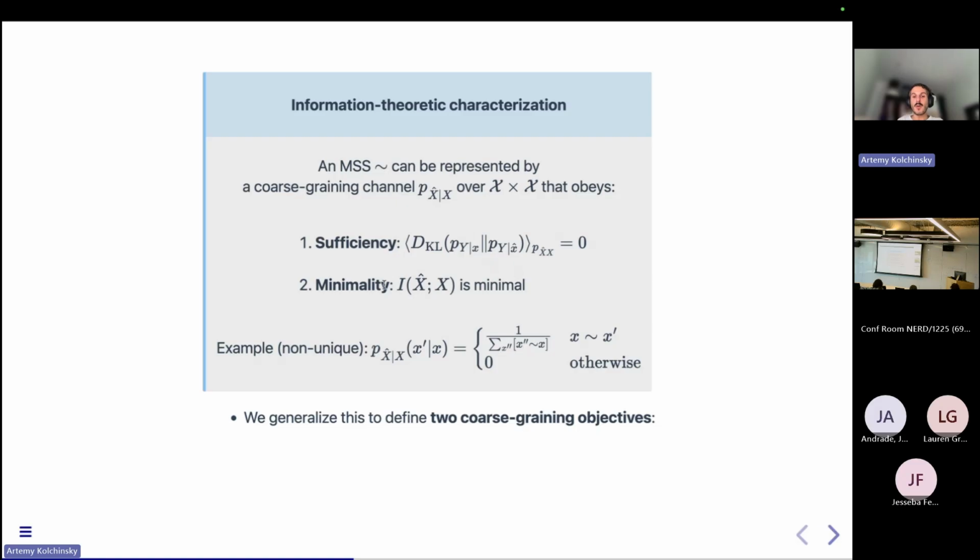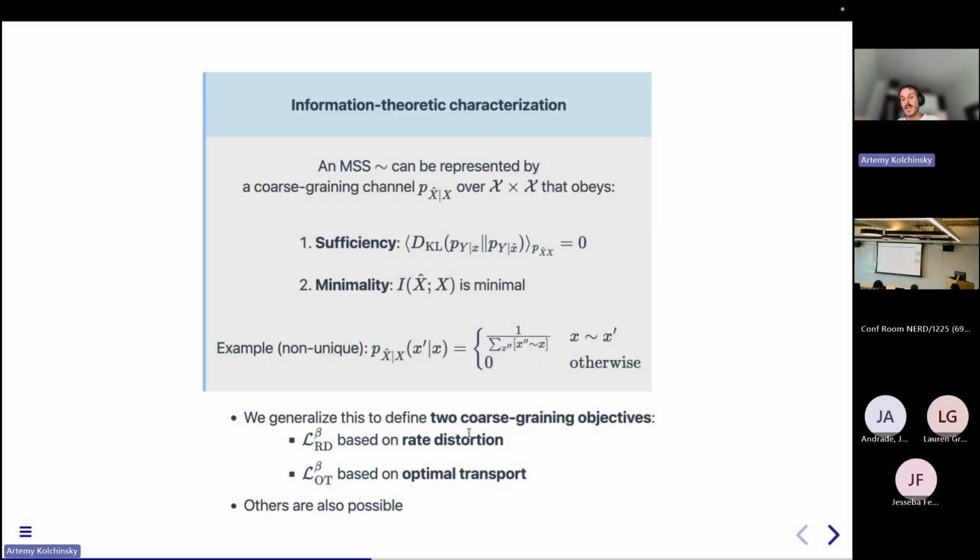In particular, we're going to generalize this to two coarse graining objectives, one based on rate distortion and one based on optimal transport. We'll see if I have time to talk about the second one, because I do want to have time for any questions. But let me talk about the one based on rate distortion.